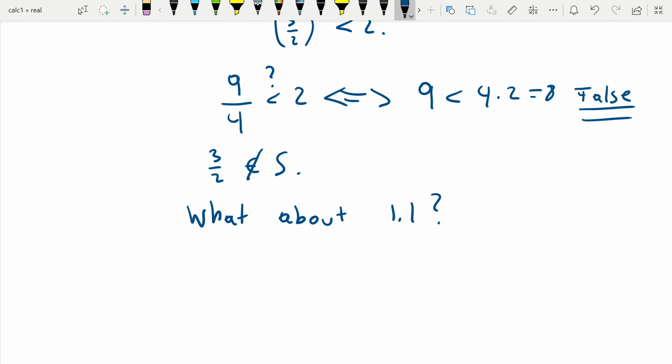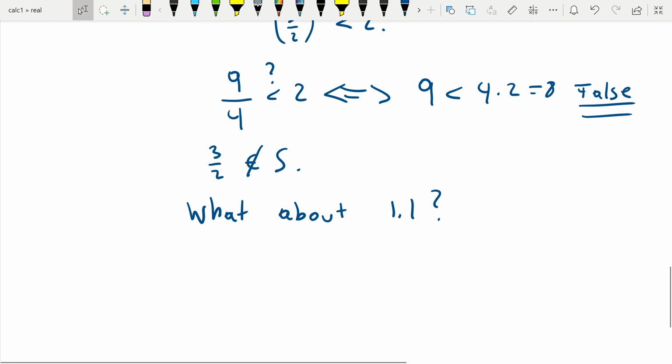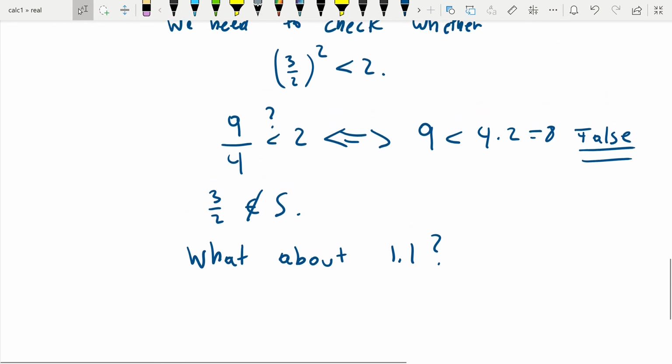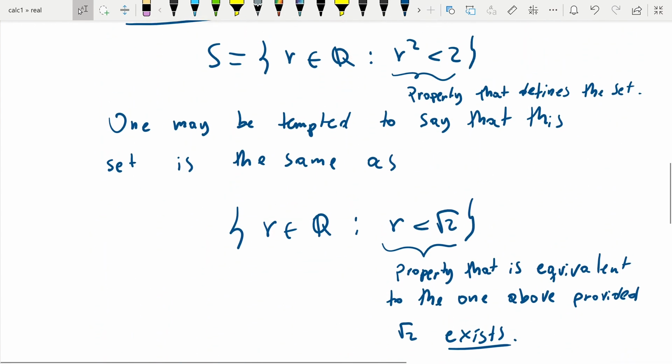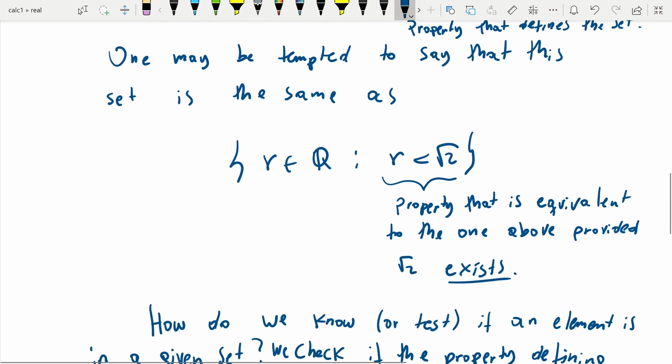There's a tricky part of the proposition that we haven't checked here, and that's why I want to bring this to your attention. 1.1, well, you think, okay, we do the same thing and check whether 1.1 squared is less than 2. But there's something we're forgetting here. There are two requirements actually in the definition of the set S: R, the number, needs to belong to Q, and R squared needs to be less than 2.